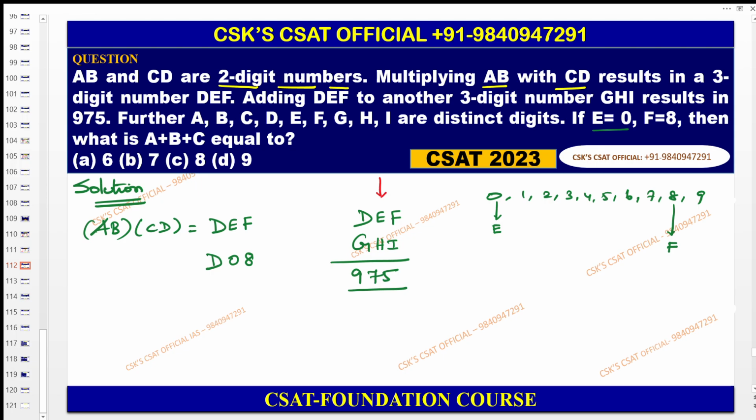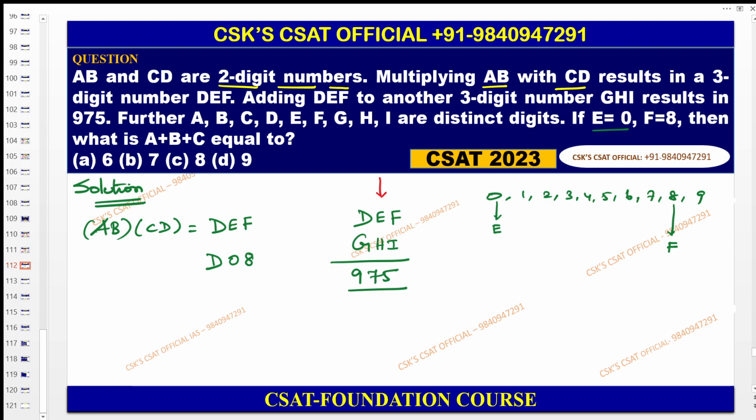In order to get the 5, what are the possibilities? 15 is possible, right? Nothing else is possible here. Why is 15 possible? Since if you add up 8 and 9, 17 is the very maximum, right? So now 15 is possible.